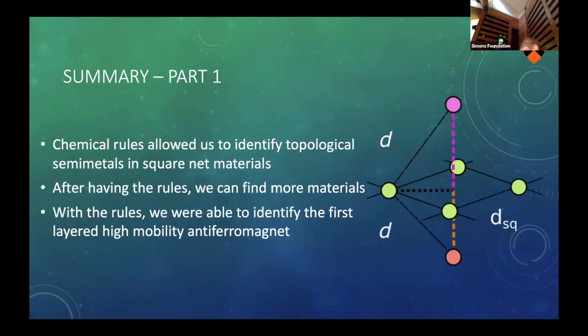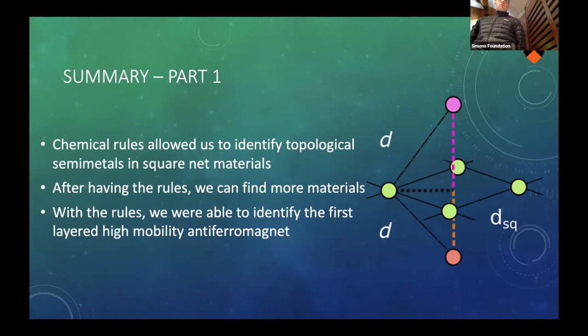This is the end. So let me summarize what I talked about. I hope I could convince you that chemical rules can be extremely useful and can be defined to find topological semimetals, at least in materials with a certain structural motif. And in principle, it's not impossible that these rules can be extended to other materials also.